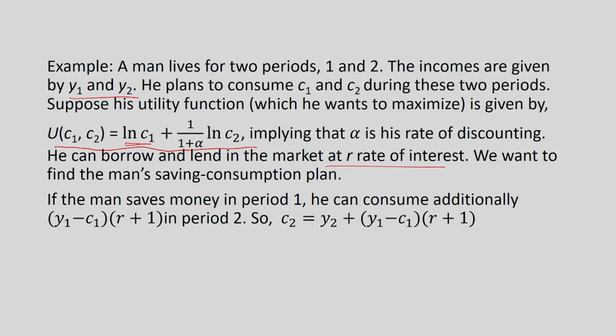And additionally, can we say in which conditions he will borrow money or in which conditions he will lend money? Remember, borrowing will mean that in the first period, his optimal consumption C1 is greater than Y1, right? He can afford a C1 in the first period which is greater than Y1 only if he borrows. On the other hand, he will be lending money if his consumption in the first period is less than the income in the first period.